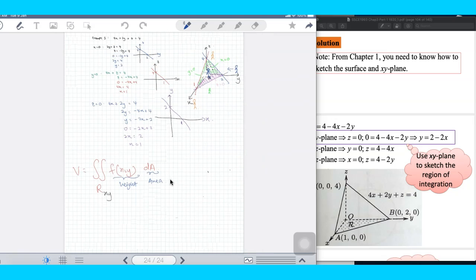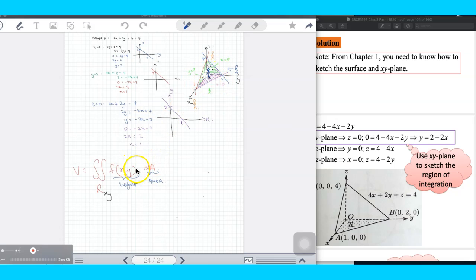Then, now to determine your function here. After you decided what kind of region you have, so your region is lying on the XY plane, you have to have the function in terms of XY. So how can we get that? It's coming from the solid again.